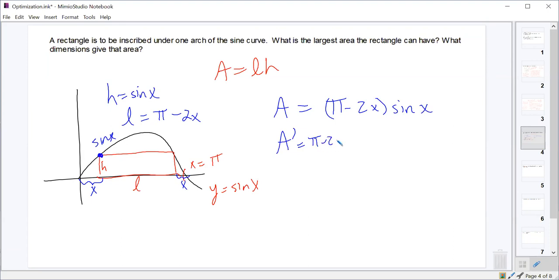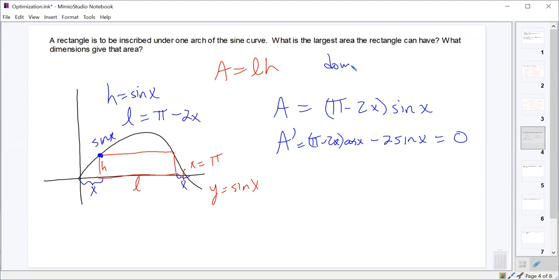So pi minus 2x times cosine x, and then plus negative 2, so negative 2 sine x. And we want to know, when does that equal 0? And through the magic of your calculator, you should be able to tell me when that equals 0. Between 0 and pi, right?